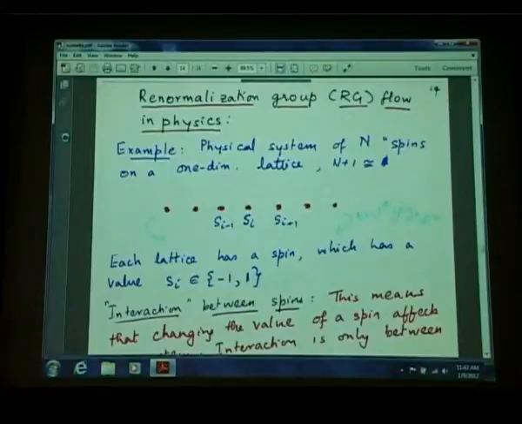So I'll take a very simple example. I'm going to take a system which is like a one-dimensional lattice, and I've identified the last point with the first point, so it's like a ring. I have these variables called spins on the lattice, which take values -1 or +1, and I'm going to build up my physical system starting from these basic ingredients.